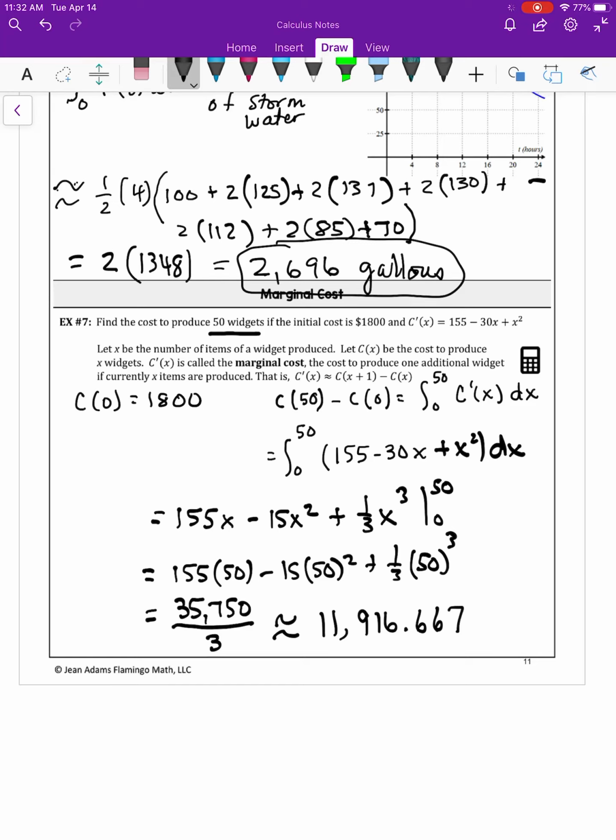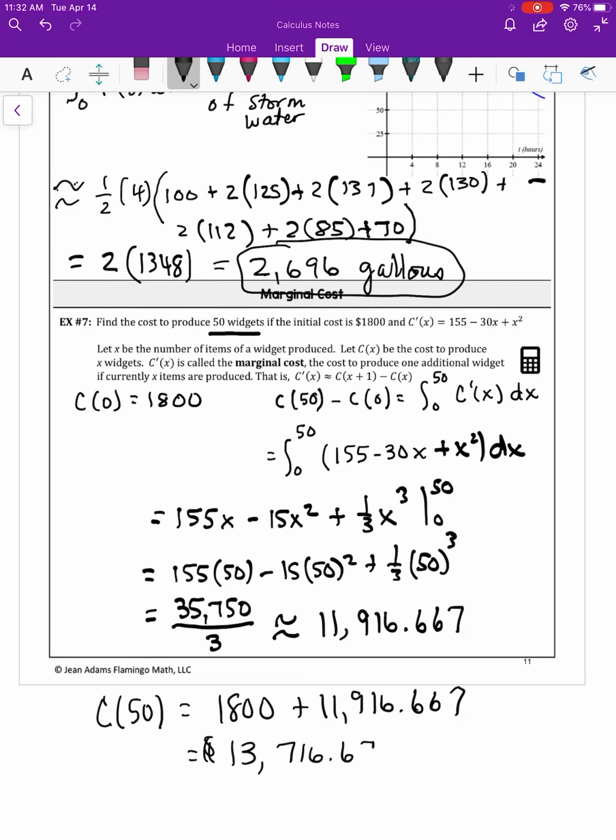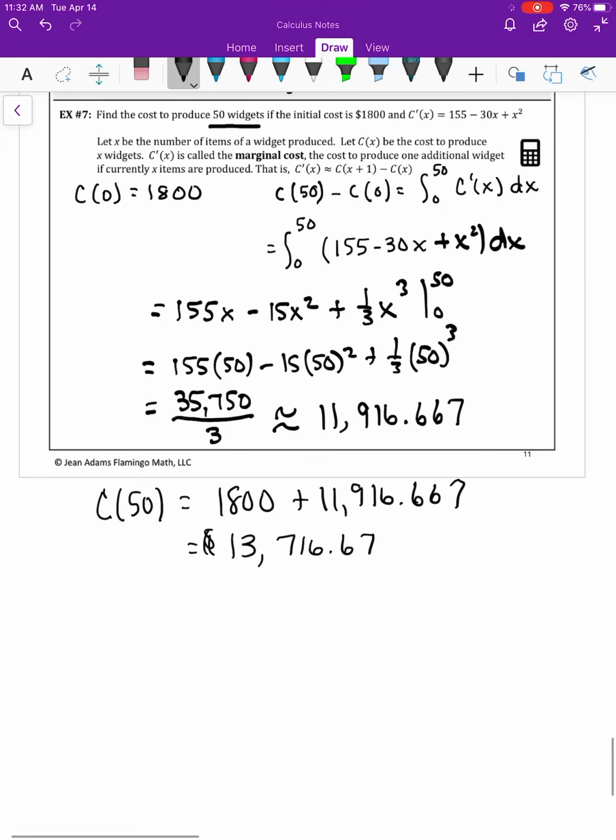So this is going to be 35,750 over 3, which is approximately 11,916.667. So my cost of 50 should be 1,800 plus this.